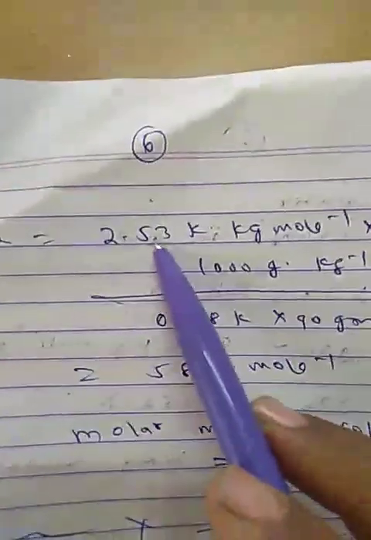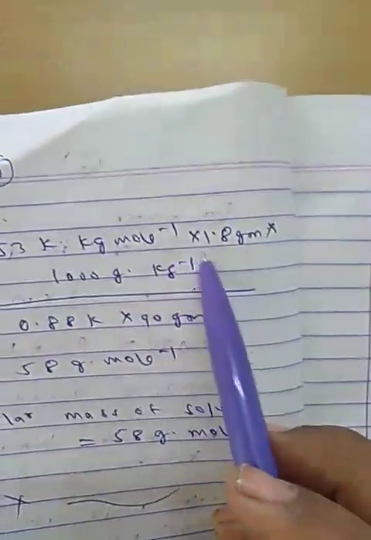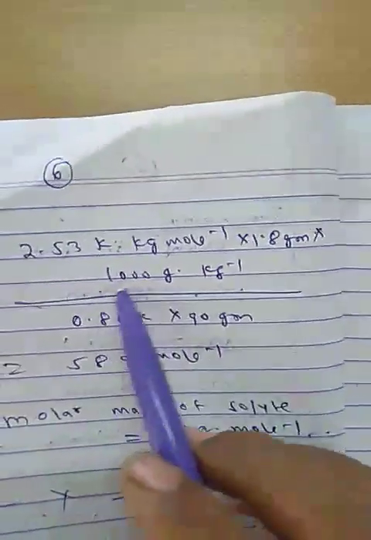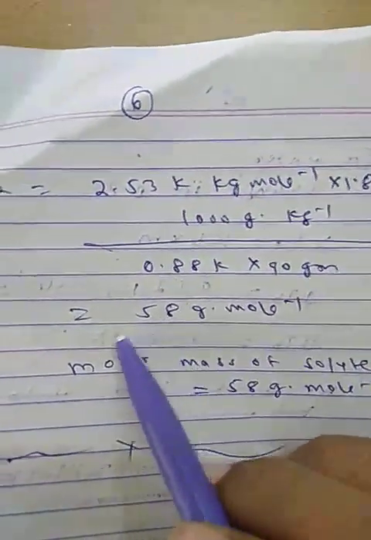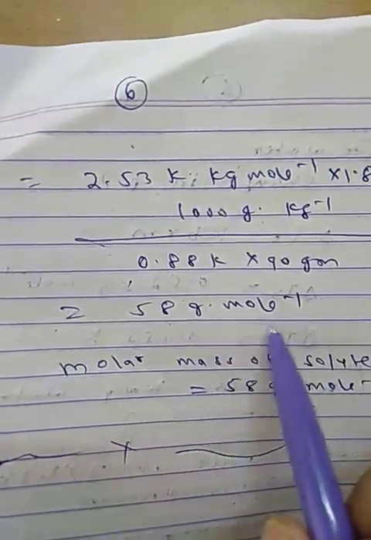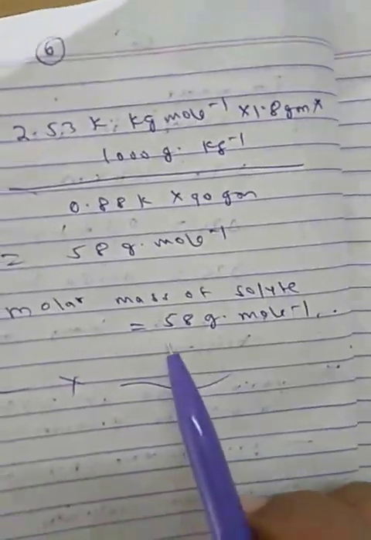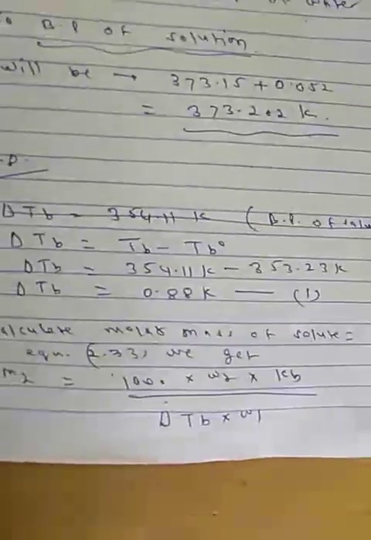Kb is 2.53, then 1.8 gram multiplied by 1000 divided by 0.88 Kelvin and 90 gram weight is given, which is equal to 58 gram per mole. So the molar mass of solute is 58 gram per mole. Putting all these values in the equation, you will get the molar mass of the solute.